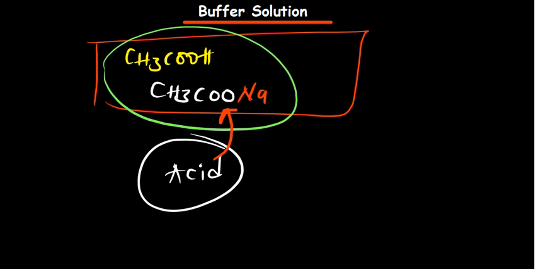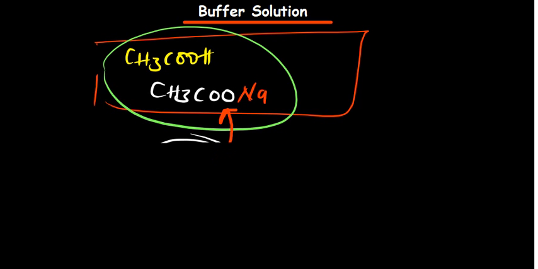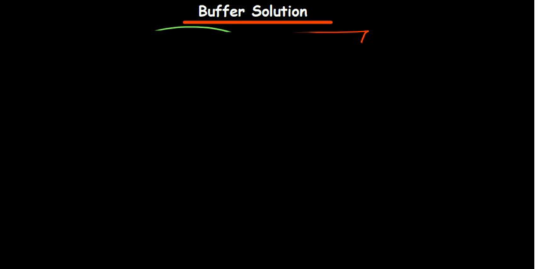That's the way it works. The acid will react with the conjugate base, and that is what is going to prevent the increase of the hydronium or hydrogen ions in our solution. Therefore there will be minimal changes in the pH.